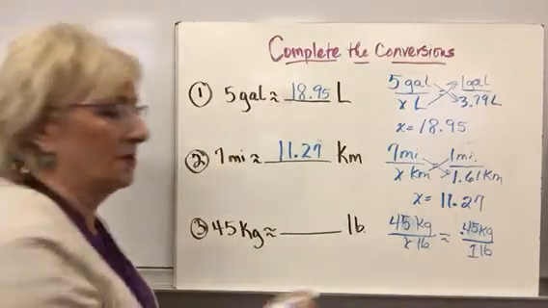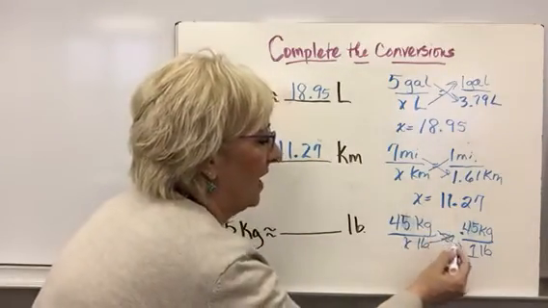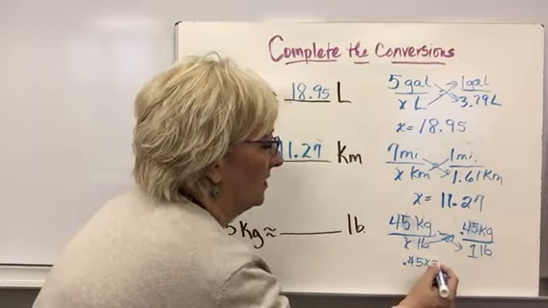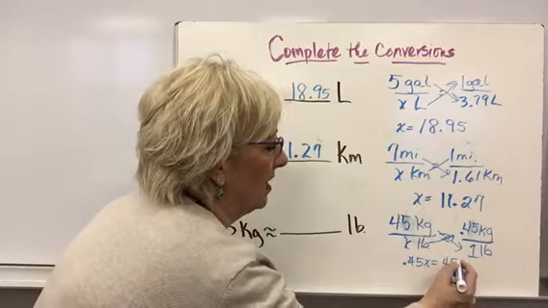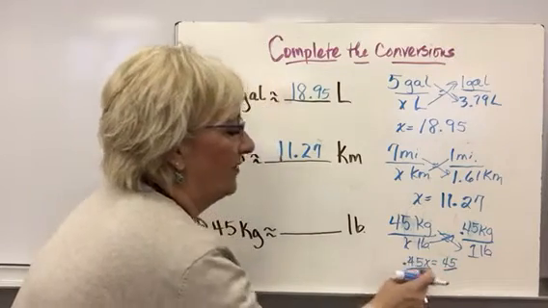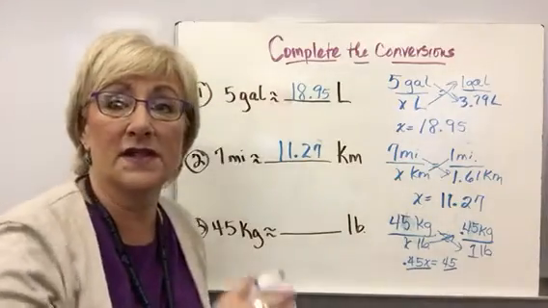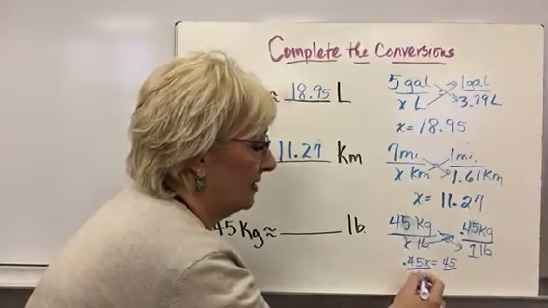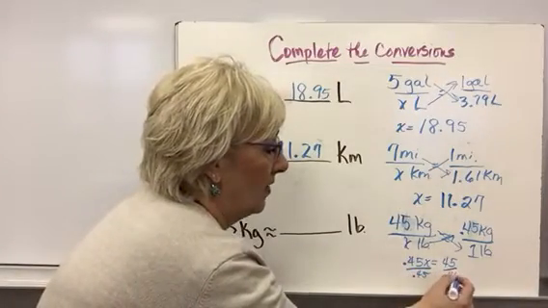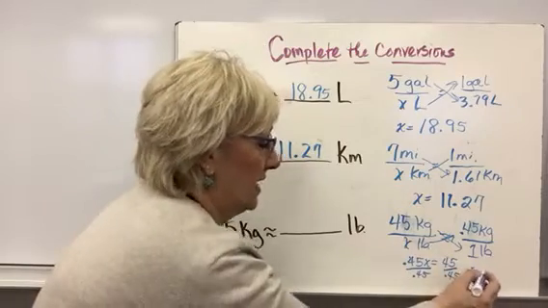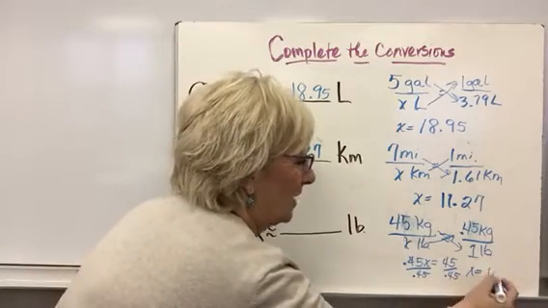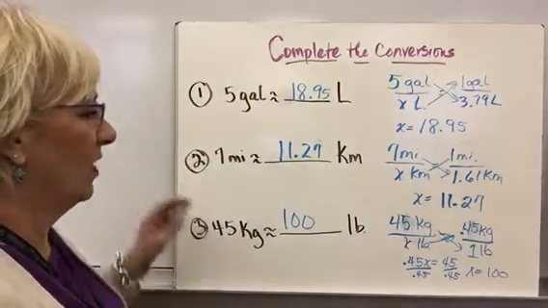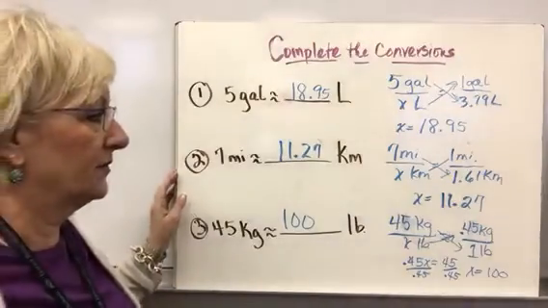So now I'm going to cross multiply like I did before, and this time X has 45 hundredths attached to it. So this is going to be just like solving a one-step equation. If 0.45 is with the X, I've got to divide it out from both sides. And on my calculator, I will find out that X is exactly 100. So that will be 100 pounds. So I know that 45 kilograms is about 100 pounds.